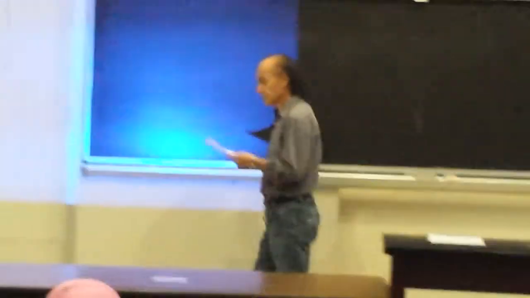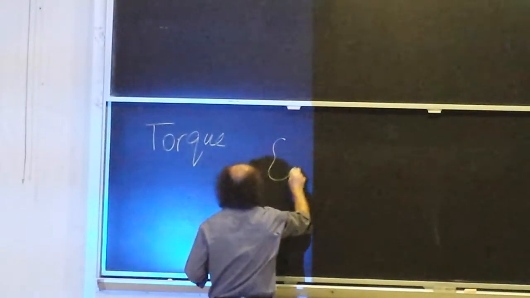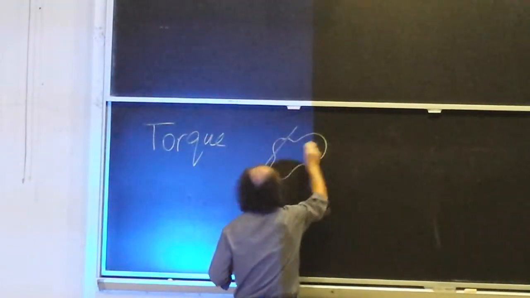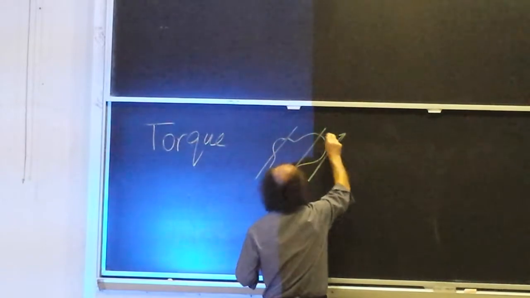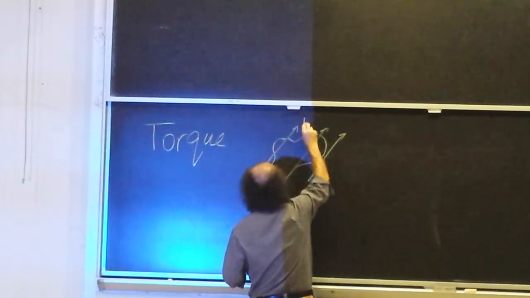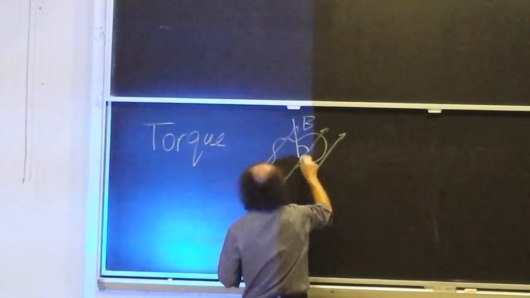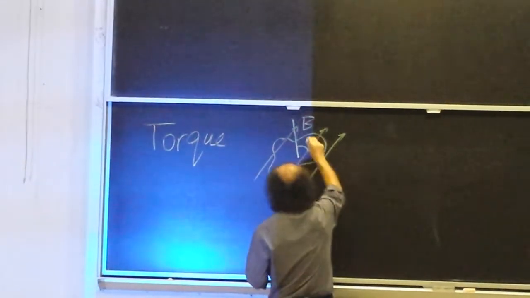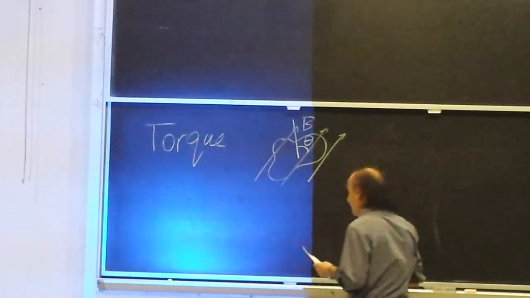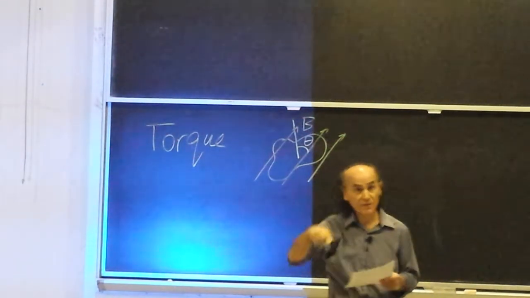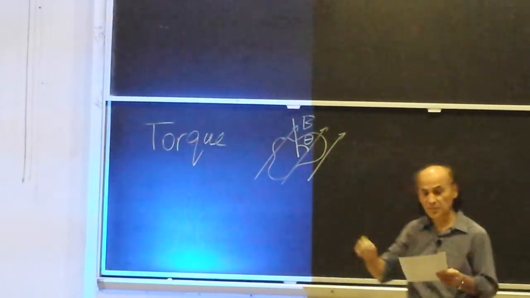Okay, now a torque. You have a closed path of current, simply a circuit of arbitrary shape.